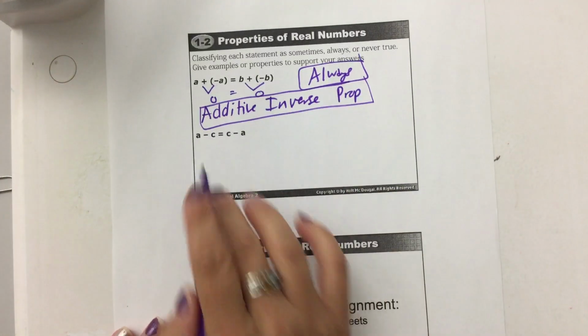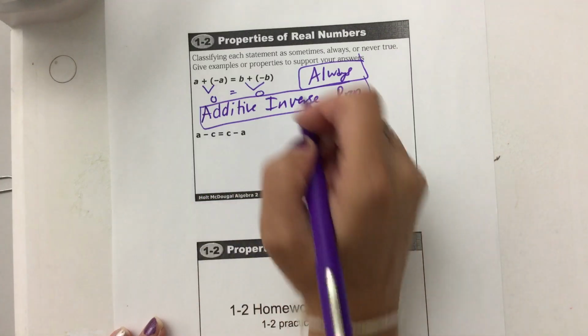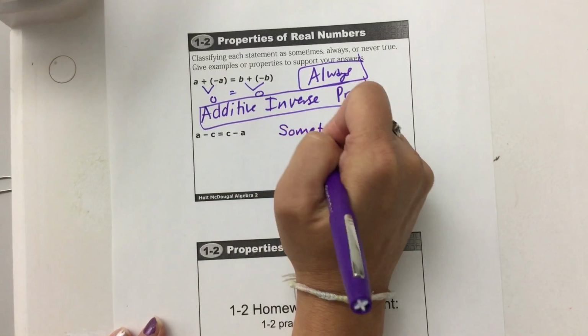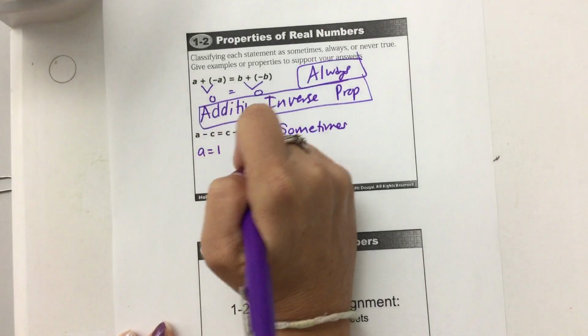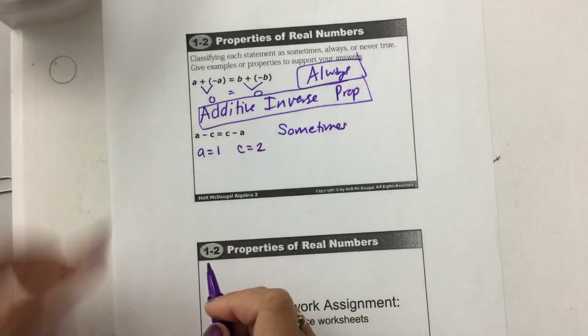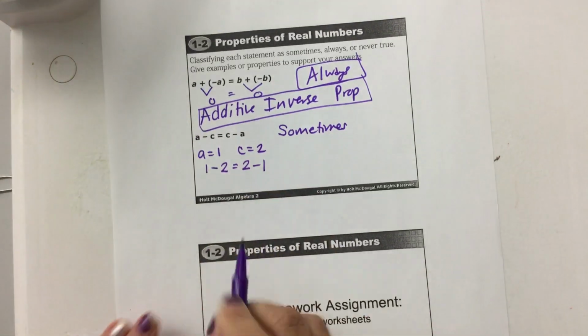Okay, last one. A minus C is the same as C minus A. This is sometimes. It's only true if A and C have the same value. But if they have a different value, this doesn't work. So for example, if A is 1 and C is 2, this says 1 minus 2 would be the same as 2 minus 1.